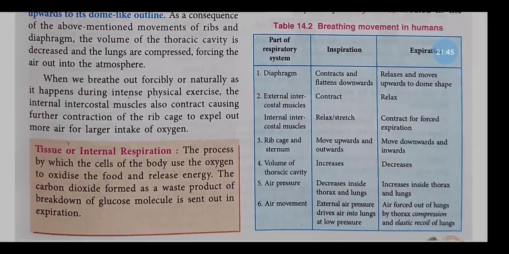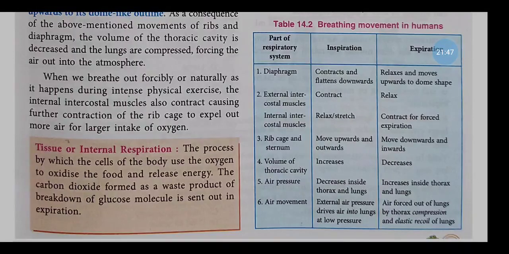Now, tissue and internal respiration: the process by which the cells of the body use the oxygen to oxidize the food and release energy. The carbon dioxide is formed as a waste product of breakdown of glucose molecules and is sent out through expiration.